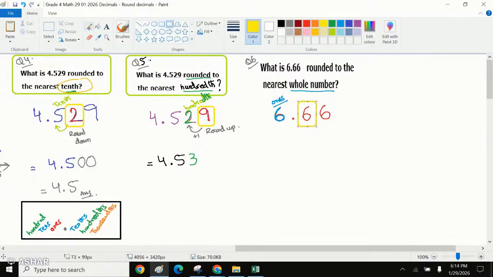This was 6. 6 would always round up. That means we add 1 to this number, rounding up. And finally, the answer would become 7.0, or a 7.